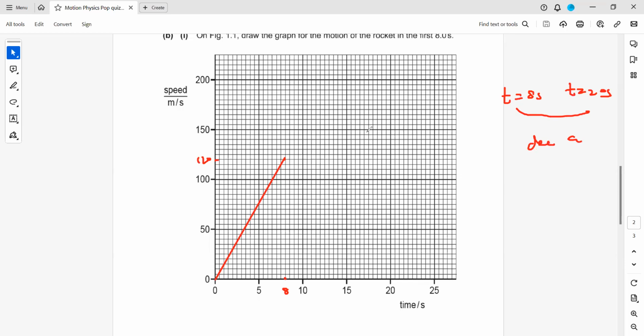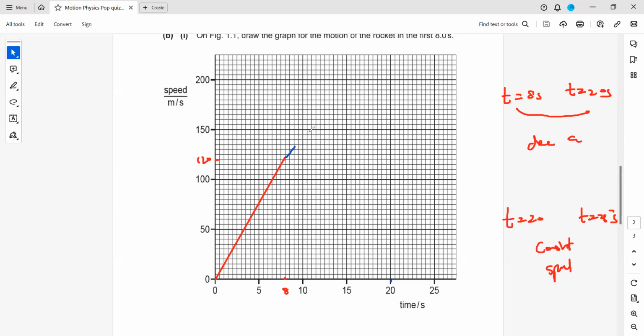How do we represent a decreasing acceleration? And from 20 seconds to 25 seconds, it is moving at a constant speed, and that constant speed is less than 200.